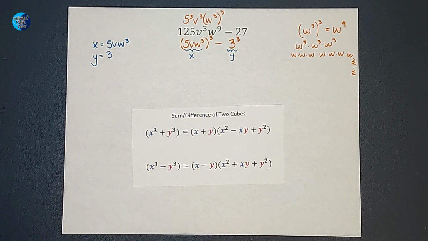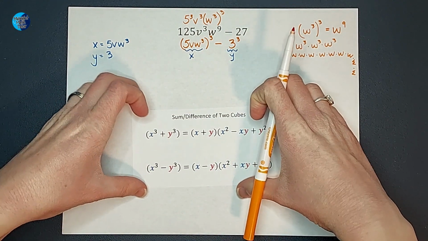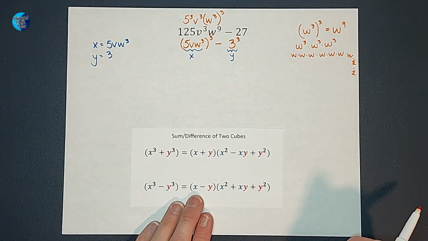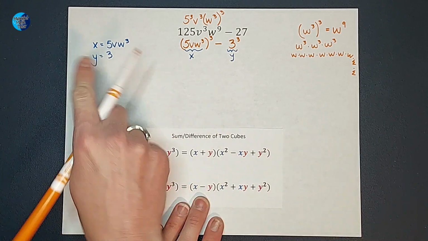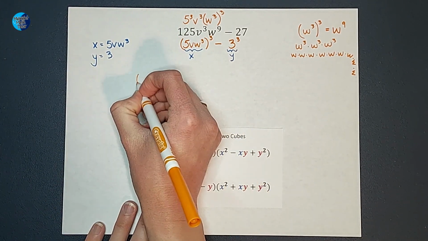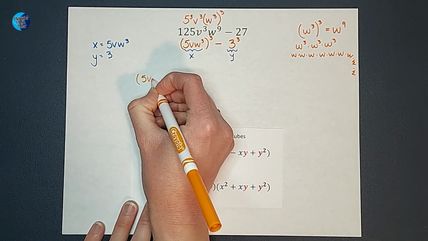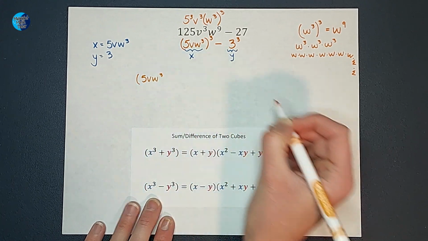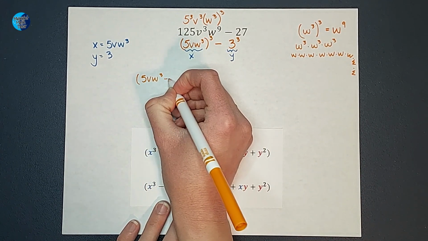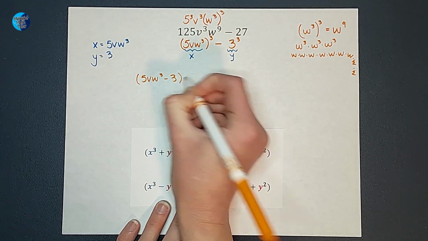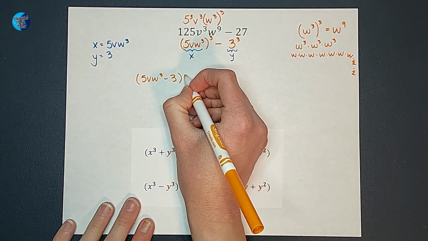So now I can plug this in. So here we go. We've got x minus y. So 5vw to the third minus y, which is 3. Okay, there's my first part.